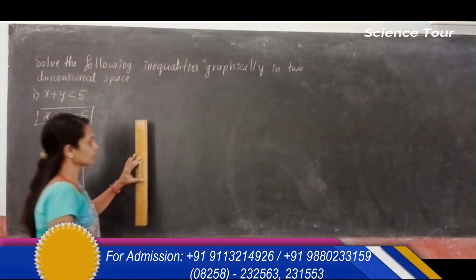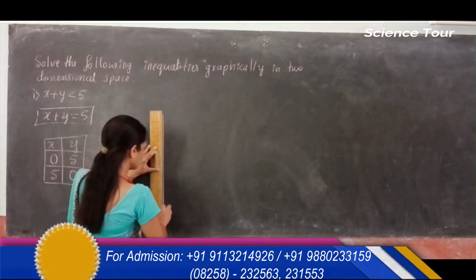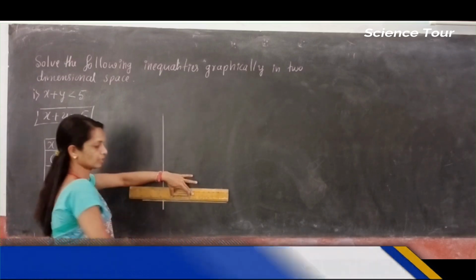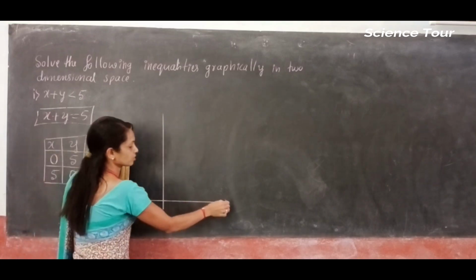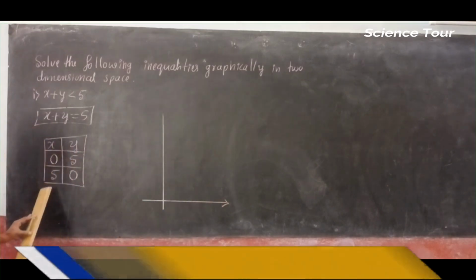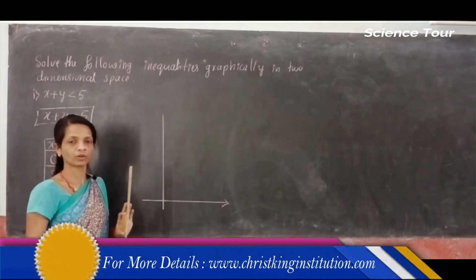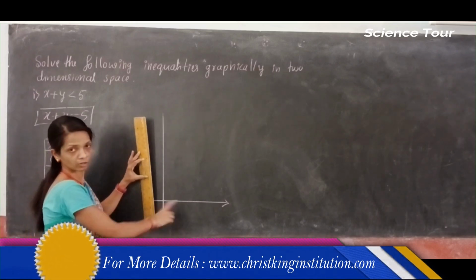So now after that what do you have to do? You have to draw the two-dimensional space, the Cartesian plane. Draw the x axis and y axis. Now since you got only positive numbers and 0, the positive side of the x axis and the positive side of the y axis are enough, so I drew only that much.